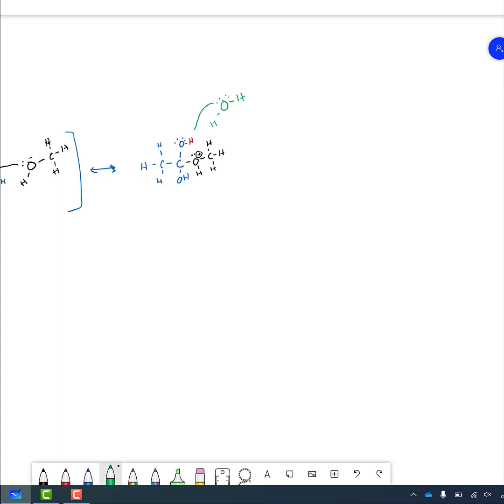So water can go ahead and attack the hydrogen that was from the acid. The bond here that held it on will go ahead and attack back onto what's going to now be a double bond. So there was a double bond here. Now there's going to be another double bond here.